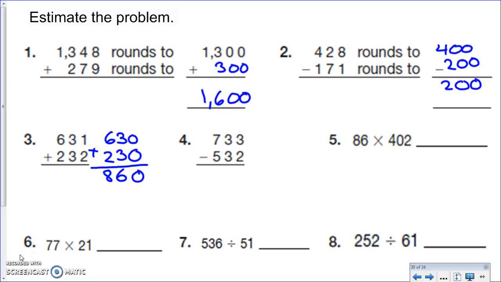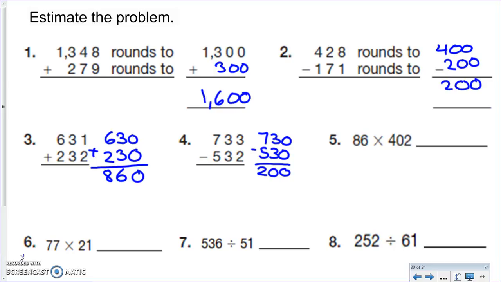For 4, we're also going to round to the nearest tens. We have 733 rounds to 730, 532 rounds to 530. And so our estimated answer is 200.